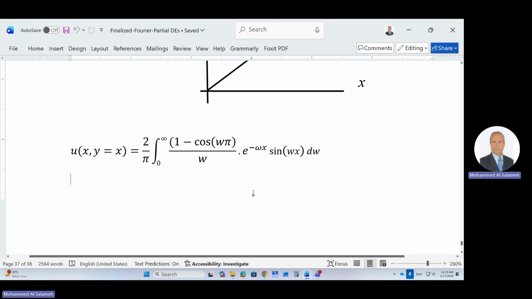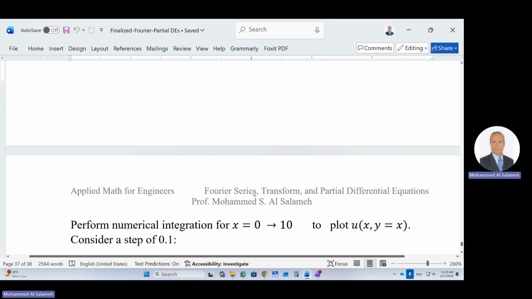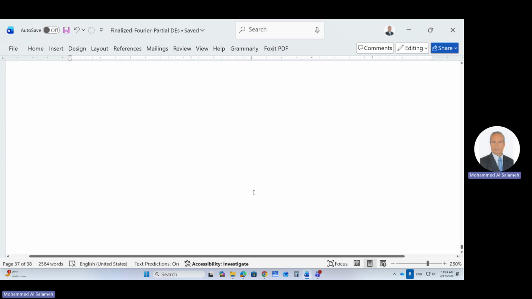You can now do, for example, numerical integration and find and draw the result.